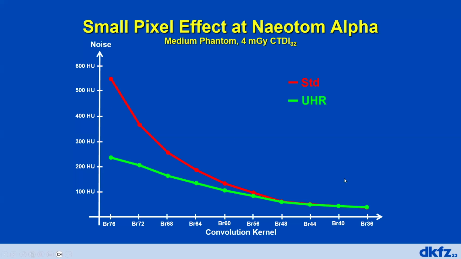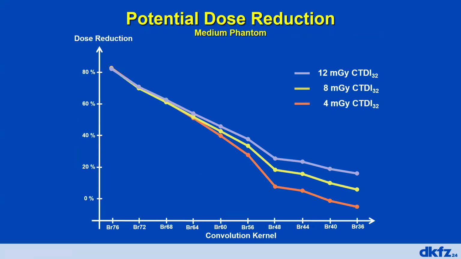So if you reconstruct a very poor spatial resolution, here indicated by a B36 kernel, then in the end there is no difference. The small pixel effect will vanish. However, if you increase the spatial resolution of your reconstructions, so typical clinical convolution kernels are like 56 or 64, you actually save a lot of radiation dose when measuring with these small pixels.